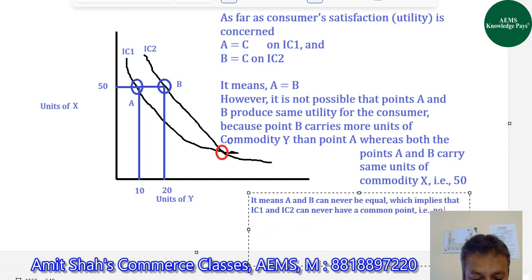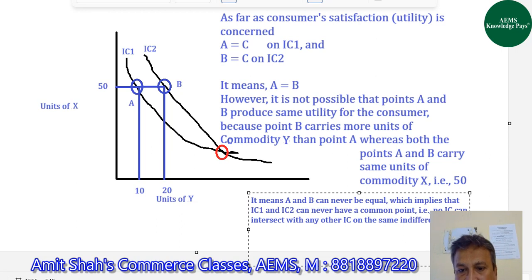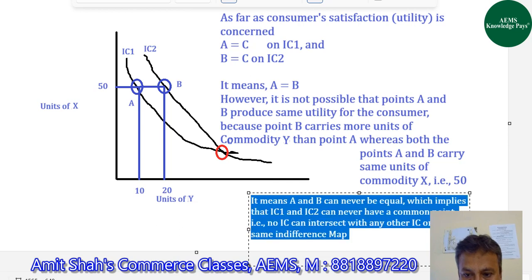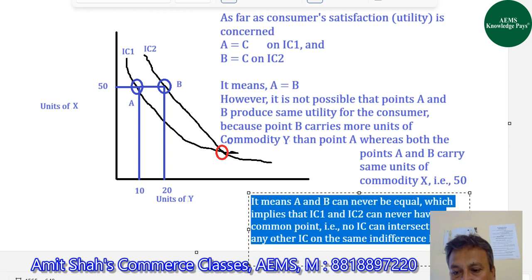That is, no IC can intersect with any other IC on the same indifference map. Is it clear, guys, or not now?